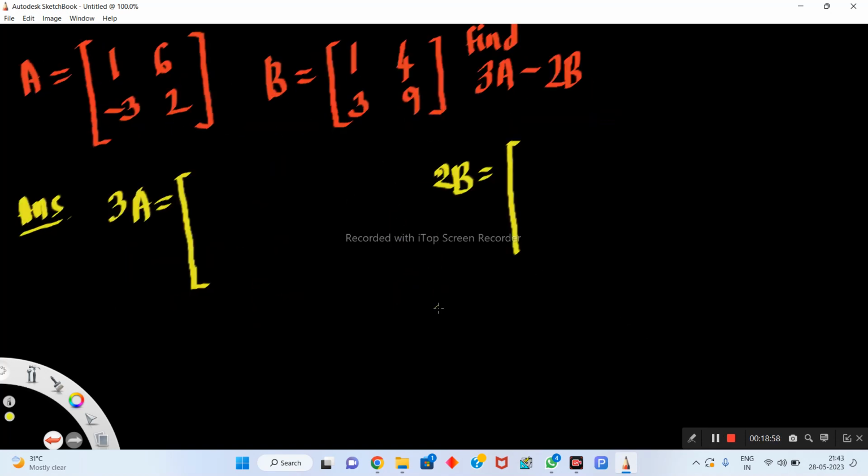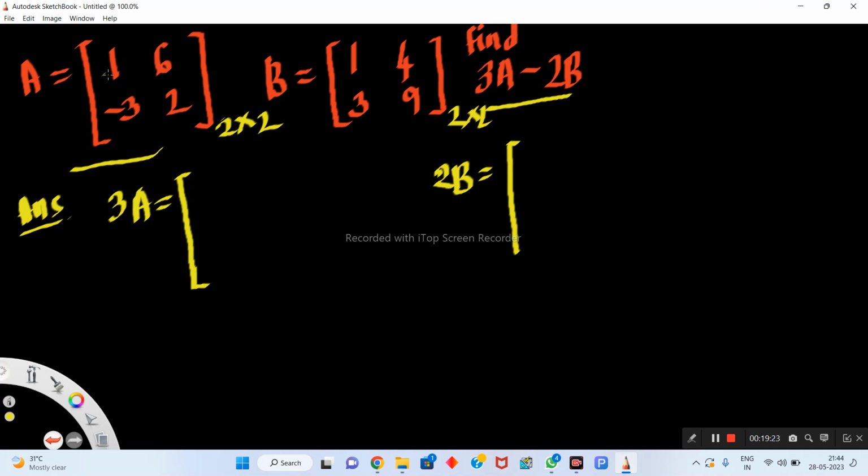One more different example for a difference of matrix. This is matrix A and this is matrix B. Here we need to find 3A minus 2B. Criteria must be same. The order of A and the order of B must be same. So order of A is 2 by 2 and order of B is also 2 by 2, 2 rows and 2 columns. In order to find 3A minus 2B, first we need to find the value of 3A.